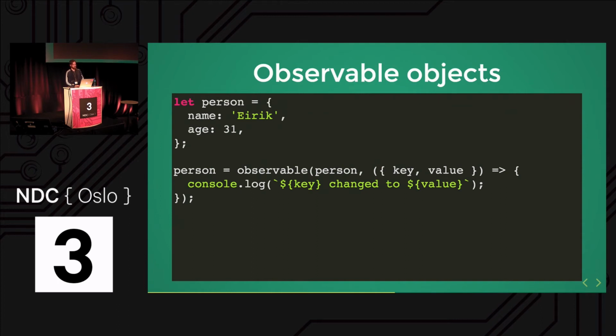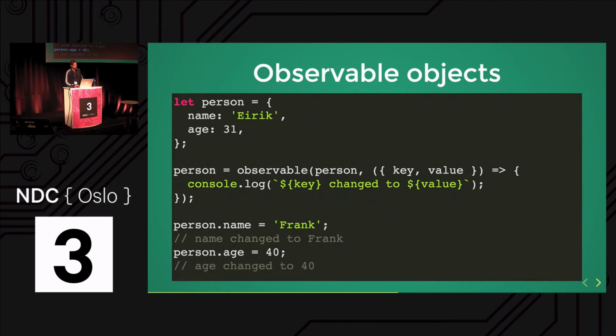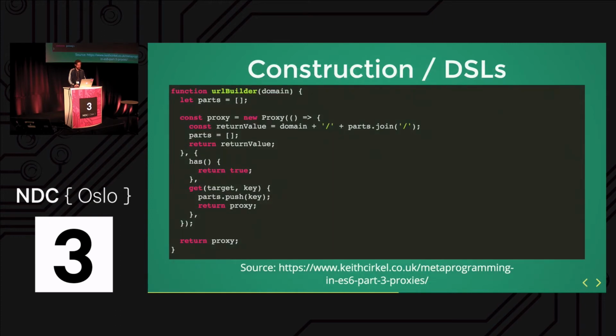So if I just wrapped around observable here and changed something on person without overriding it, nothing would happen. So that's one of the drawbacks. But now you could change something on this object and it will trigger your onChange method. So that's observable objects, which could be useful in a lot of situations.